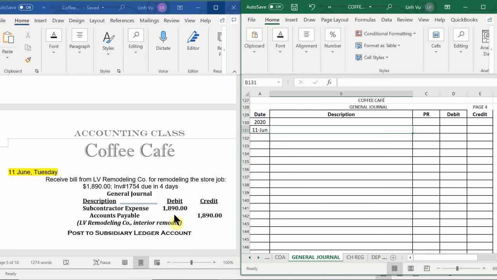So I want you to recognize this as a subcontractor labor expense, because we hired them to help out and build the store. So it's under the labor expense, correct? Yes.